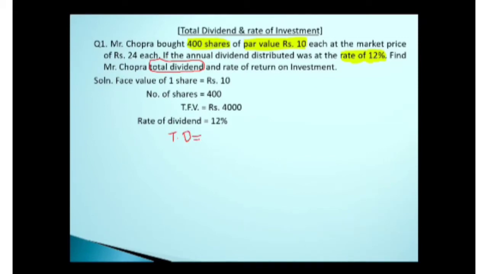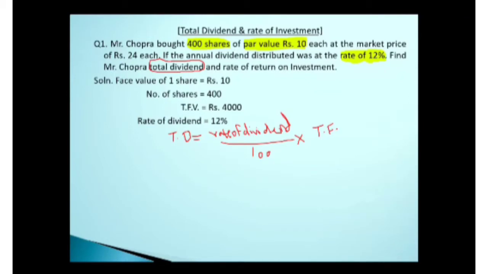What was the formula? Just check that. Rate of dividend divided by 100 into T.F.V., that is total face value, which you calculated just now.